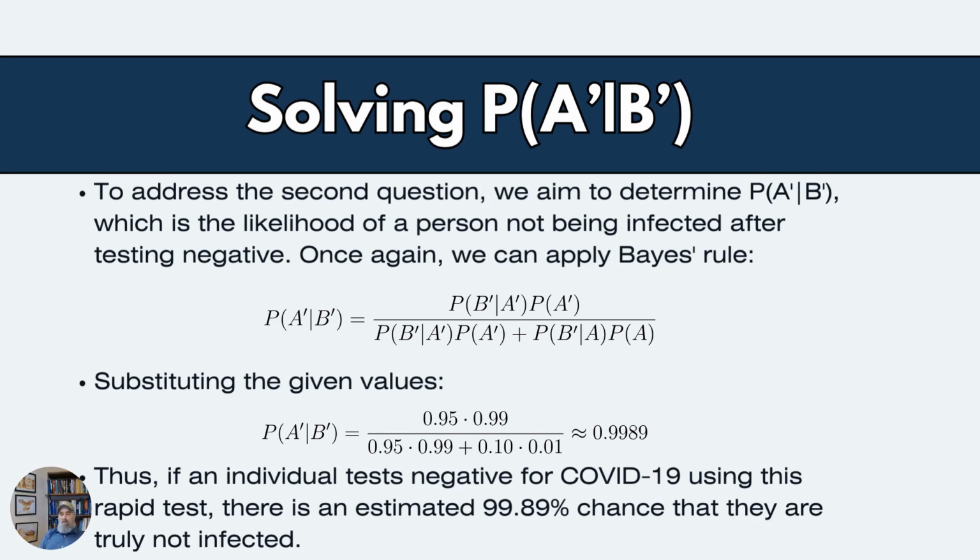When we plug in the values, we get that P of A complement given B complement is 0.9989, which is very close to 1. Therefore, if a person tests negative for COVID-19 using this rapid test, there is a very high probability, 0.99, that they're actually not infected by the virus.